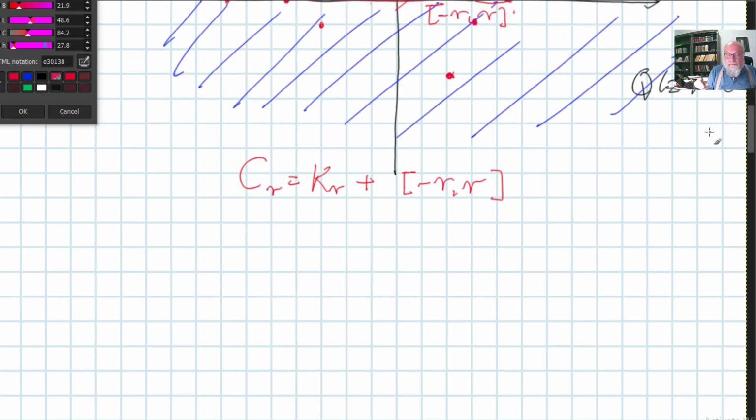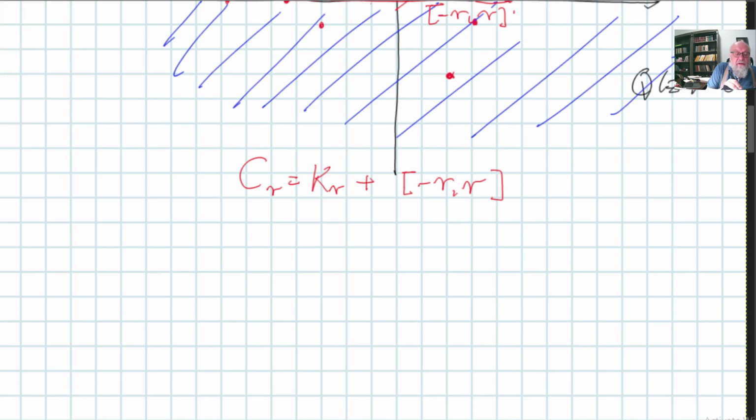So now we can write the formula for the integral. We are interested in this integral over C_R of the function e^(iaz) f of z dz.